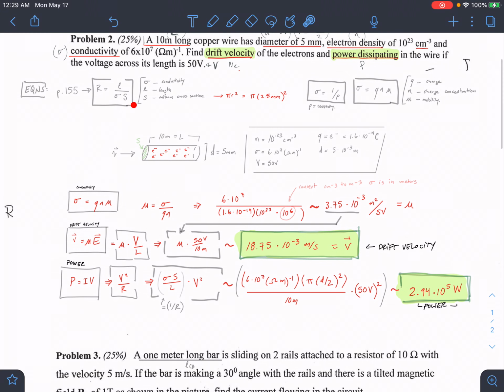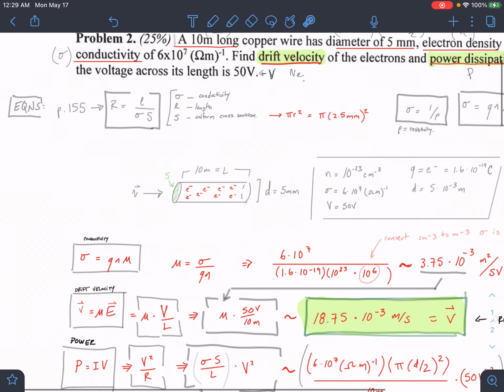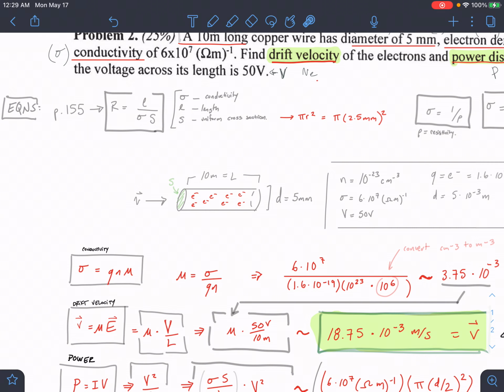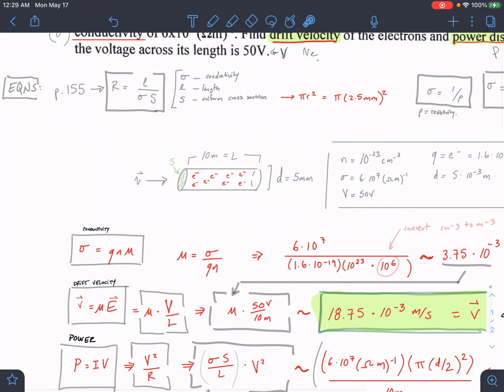Right up here, I put the general equation for R. Just kind of zooming in, we have our length over our conductivity, conductivity represented by sigma, and then times S. And our S is our uniform cross-section. So I drew this over here.